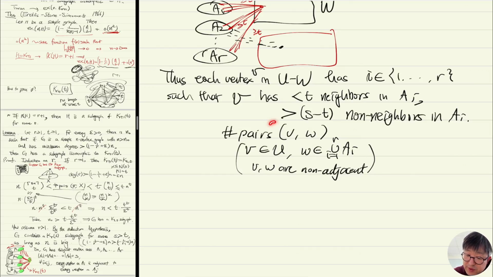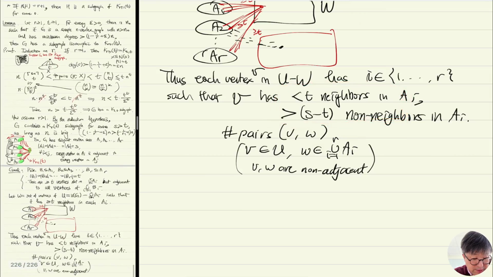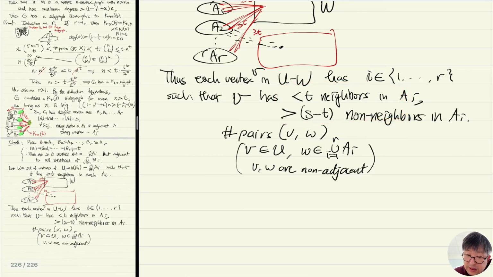Because of these previous observations, if I pick somebody in U minus W, for every vertex outside of W in U, each of them will have at least S minus T non-neighbors in some set Ai, right? So the number of pairs that are non-adjacent is bigger than that.